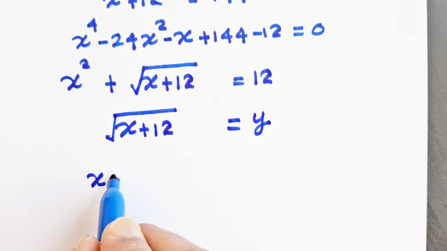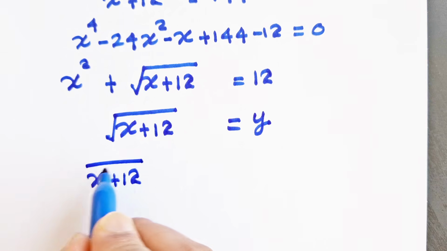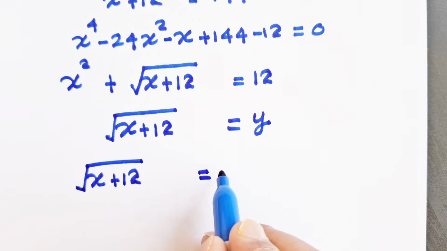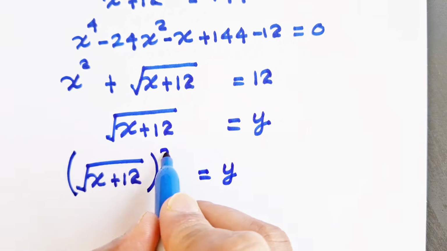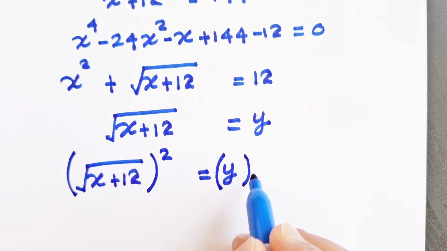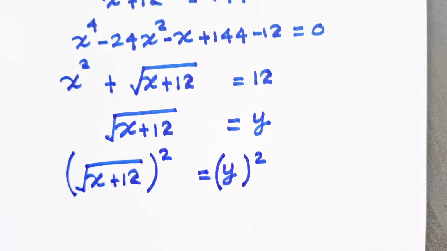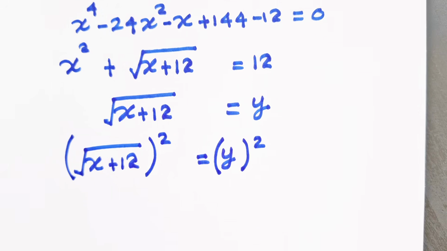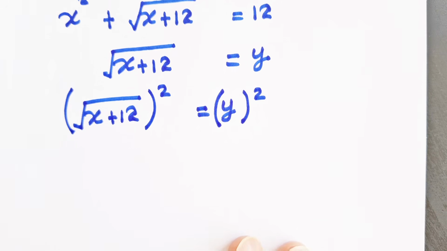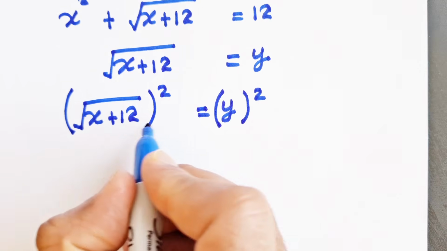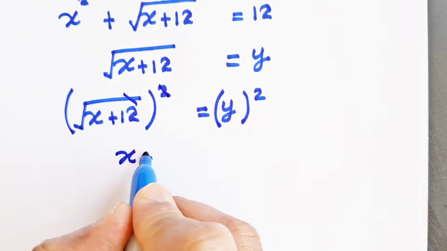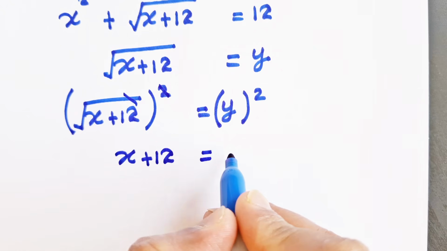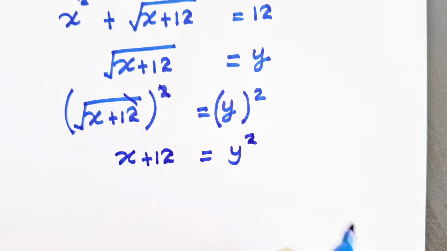Then I am going to square both sides to get rid of the square root. Now the square root and square are going to be cancelled. Then on the left hand side we have x plus 12, which is equal to y squared.